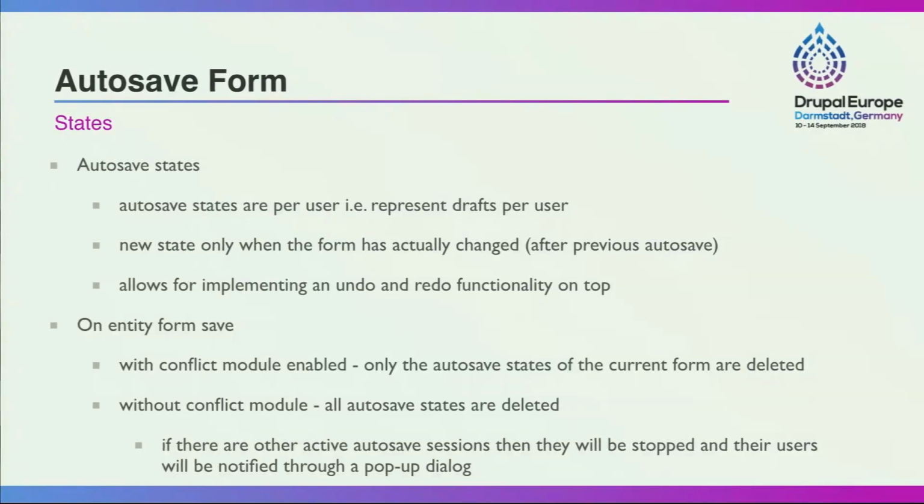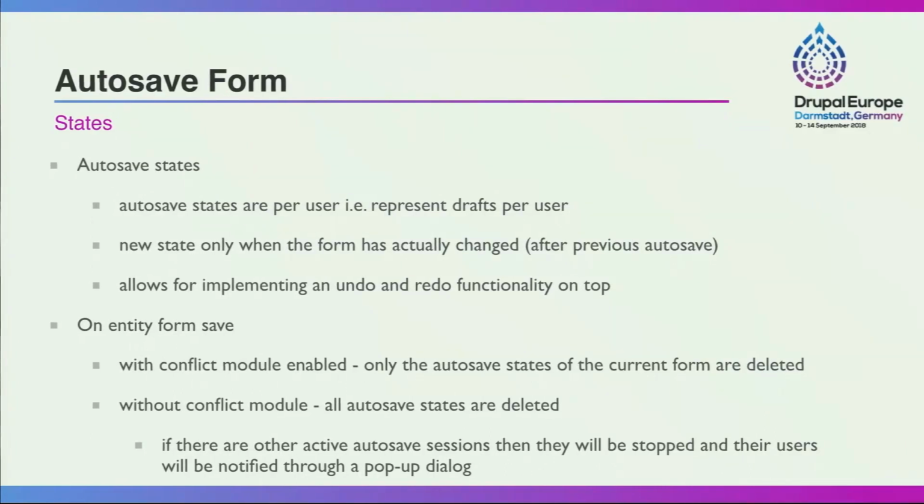So when there is an autosave submission, we create autosave states. An autosave state is per user. So if a couple of users independently are editing the same entity form, they all have independent autosave states. The autosave state, like I said before, contains the user input and the state of the form so that we can reconstruct it.